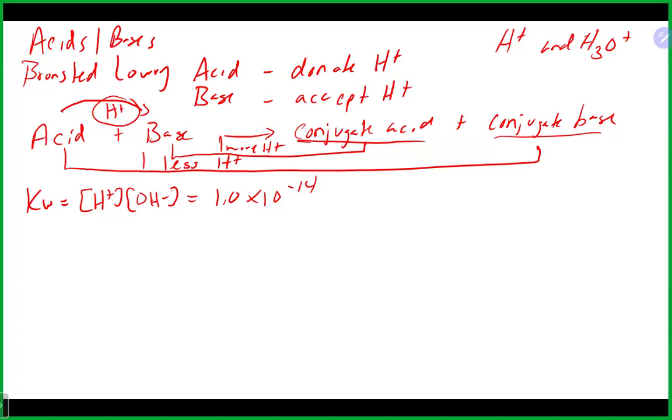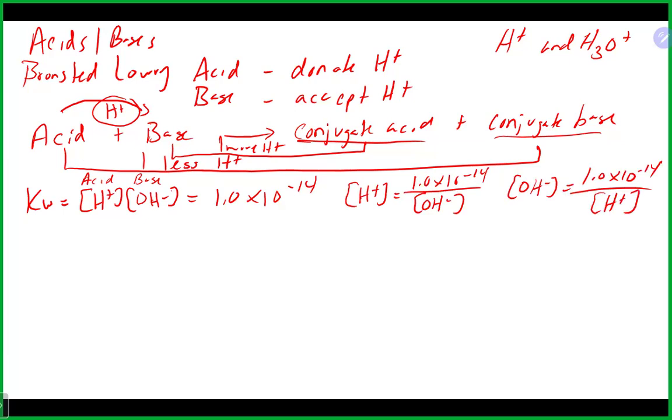What this allows you to do is, if you know either the H+ concentration or the OH- concentration, you can figure out the other concentration from it. The H+ is the acid part of the solution, and the OH- is the base part of the solution. So it is really the same calculation regardless of what you're calculating: you take 1 times 10 to the minus 14 divided by the other concentration.